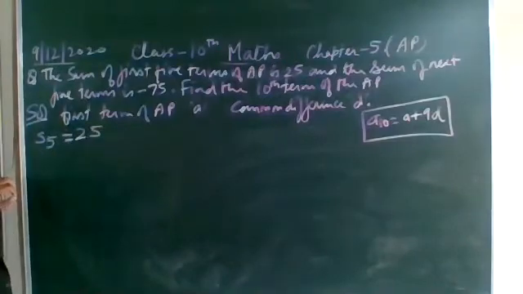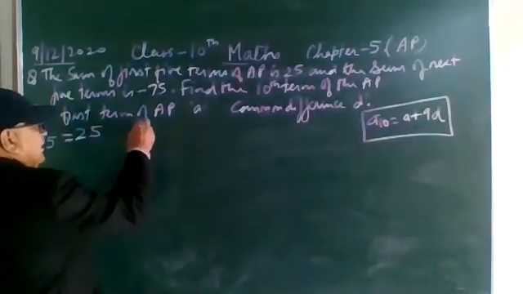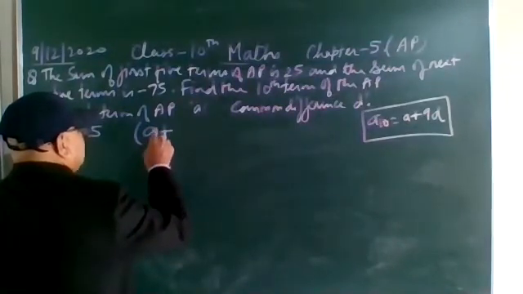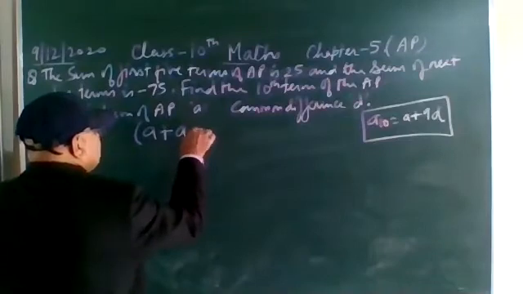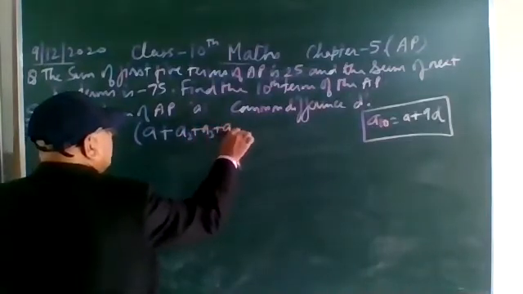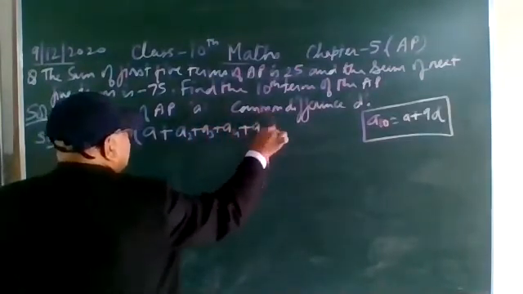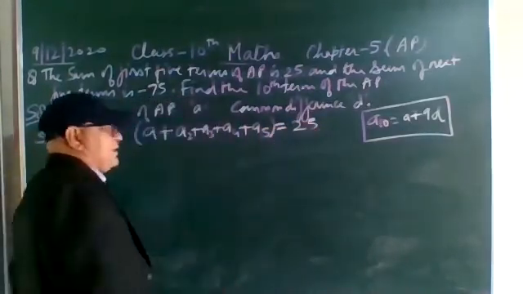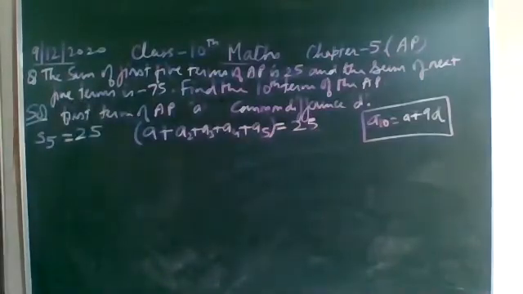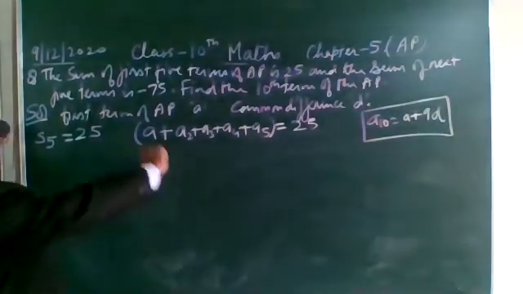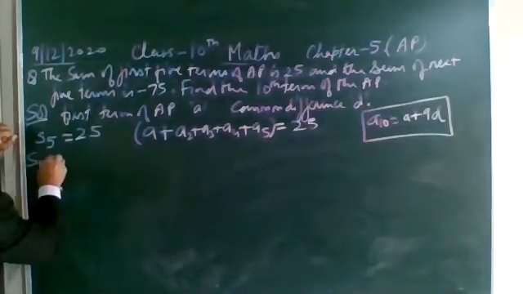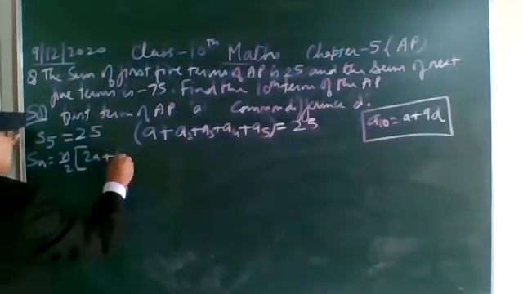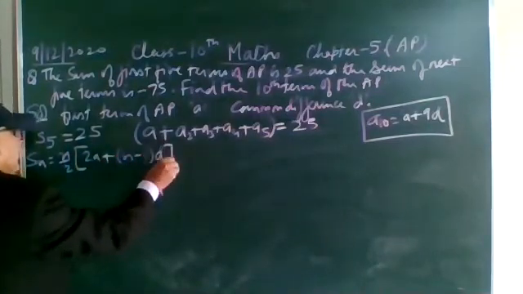25. That is a1 + a2 + a3 + a4 + a5, which is 25. Or we know the Sn formula, you can apply that. Sn = n/2 (2a + (n - 1)d).